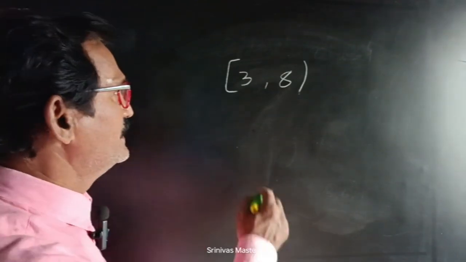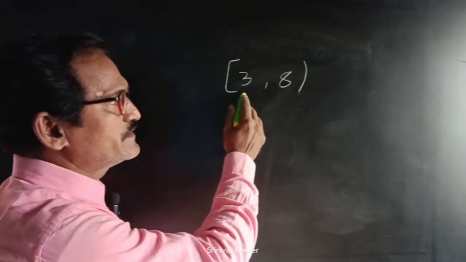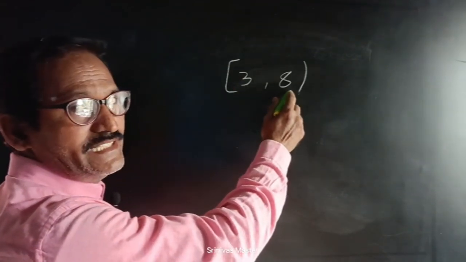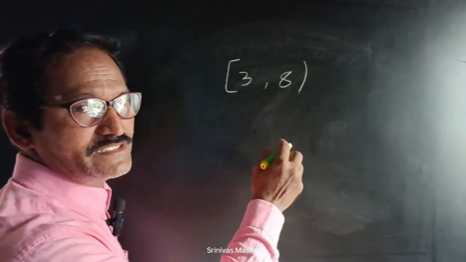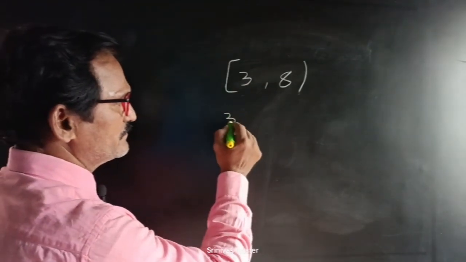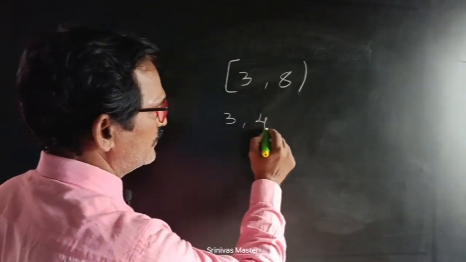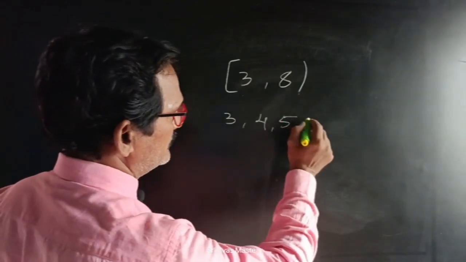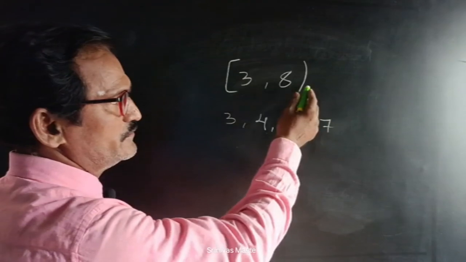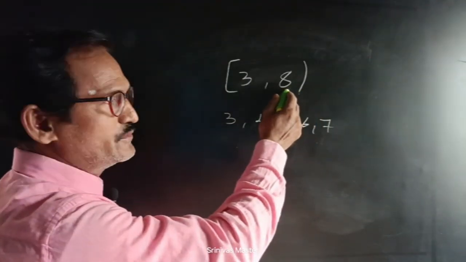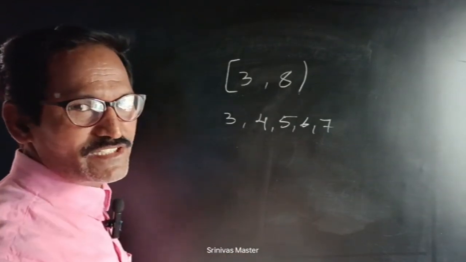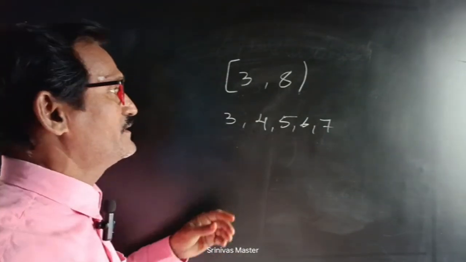That means including 3, except 8. What are the numbers in this bracket you can write? 3, 4, 5, 6, 7. You should not write 8, because excluded means except this number.